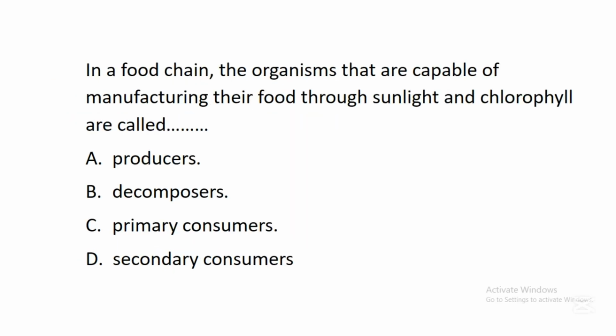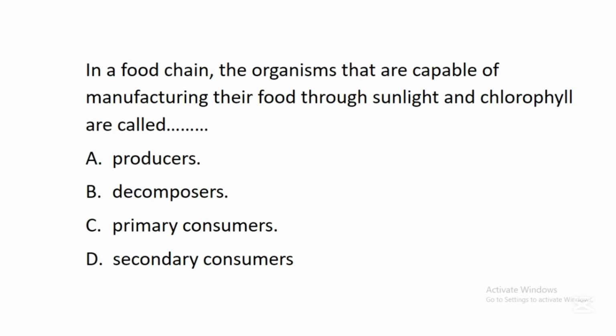The next question says, in a food chain, the organisms that are capable of manufacturing their food through sunlight and chlorophyll are called dash. A. Producers, B. Decomposers, C. Primary consumers, D. Secondary consumers.